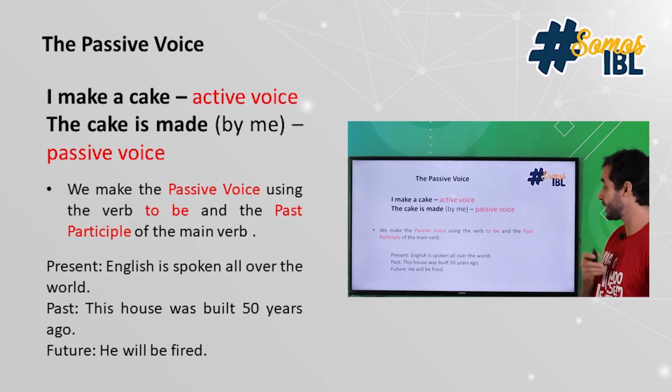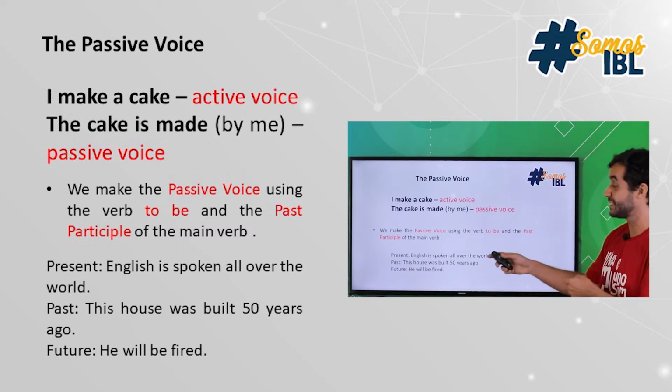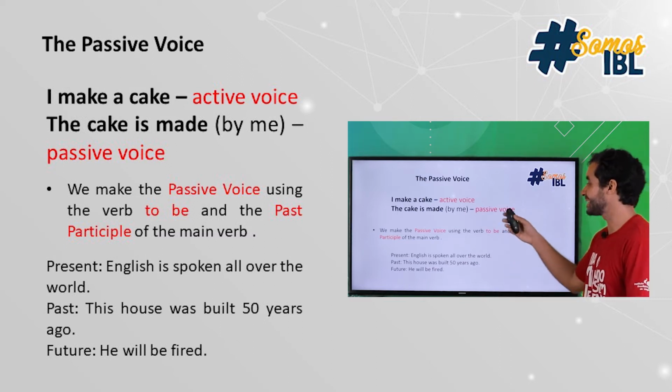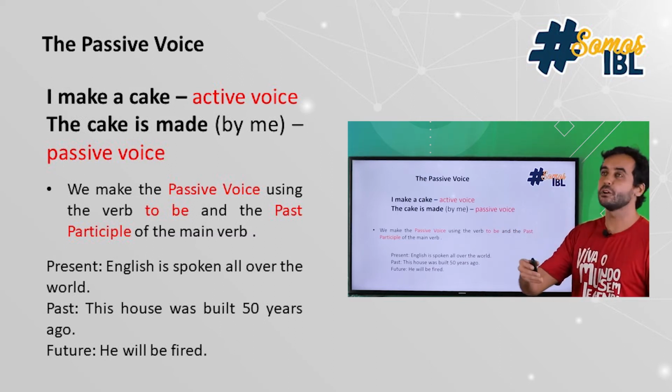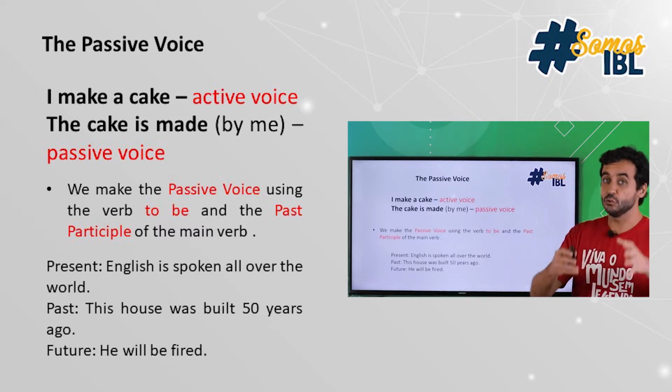Simple as that, right? Let's see a sentence in the future. He will be fired. In the active voice, you could say his boss will fire him tomorrow. We have the subject doing the action.